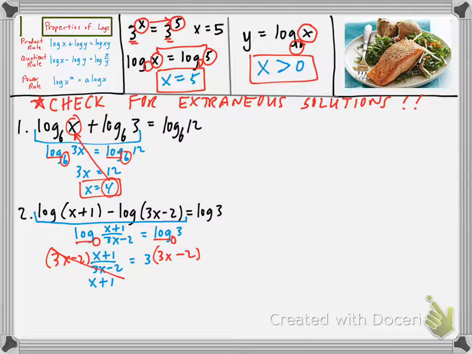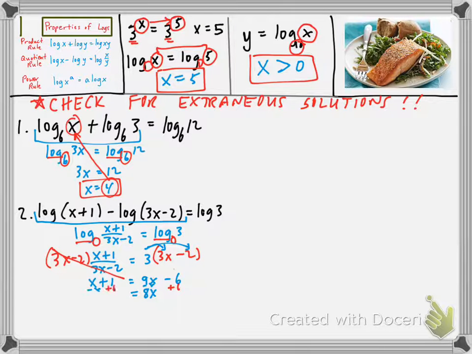And on the right-hand side, now we can just go ahead and distribute. 3 times 3x is 9x. 3 times negative 2 is negative 6. Now, if we subtract x from both sides, we're going to get an 8x on the right-hand side. And then we're going to go ahead and add 6 to both sides.